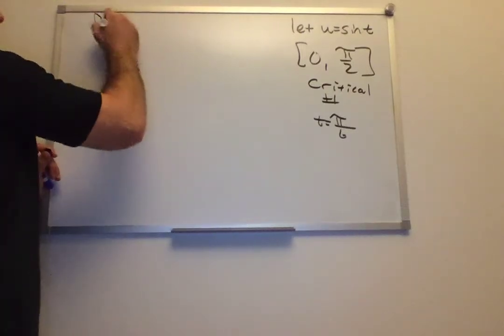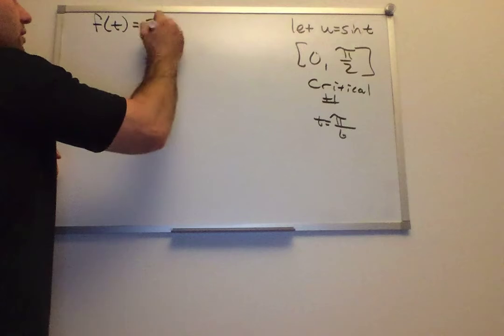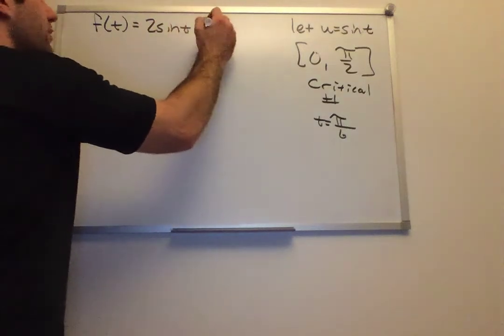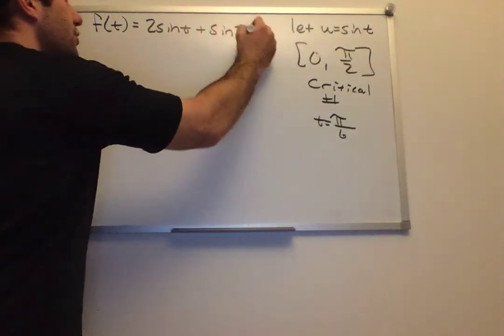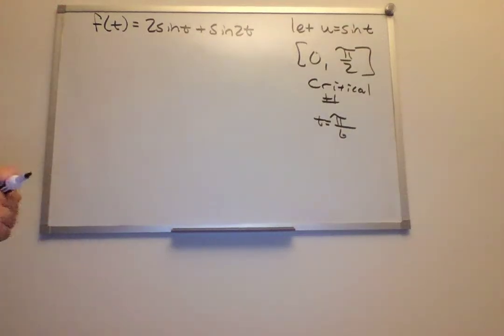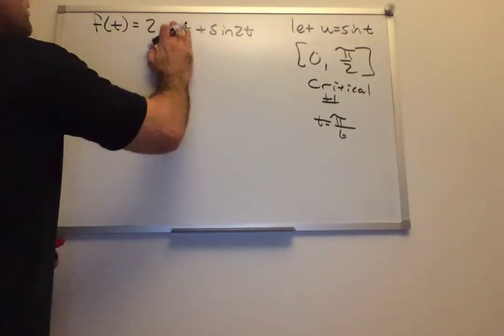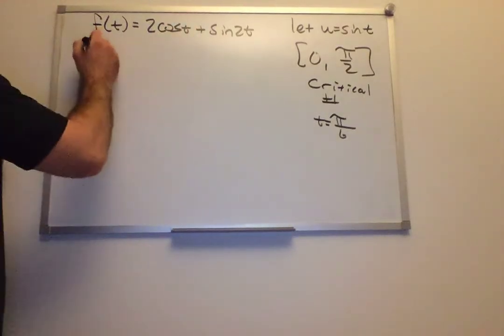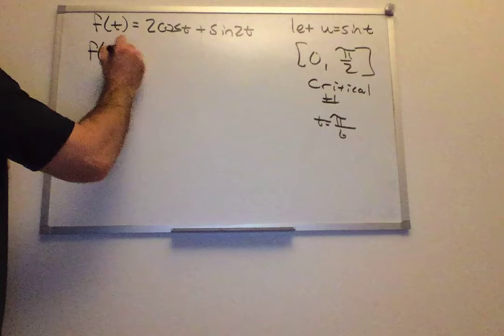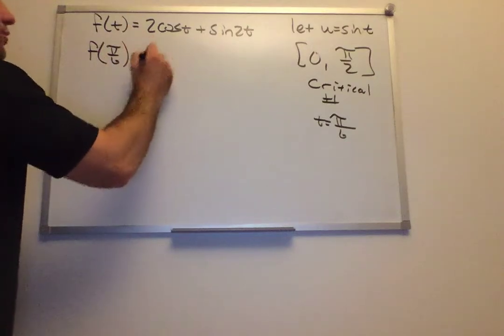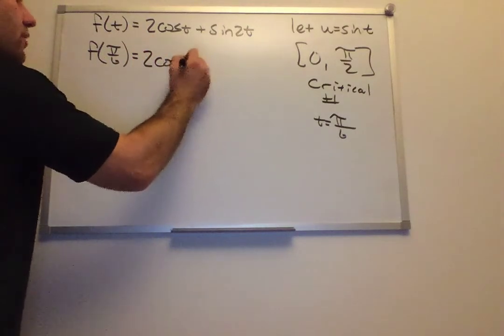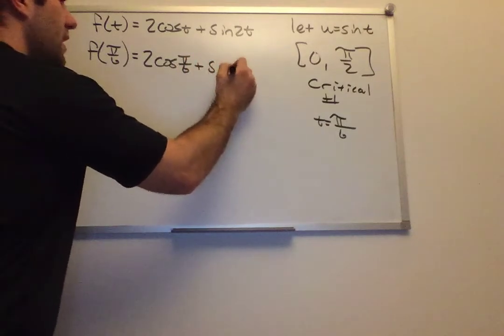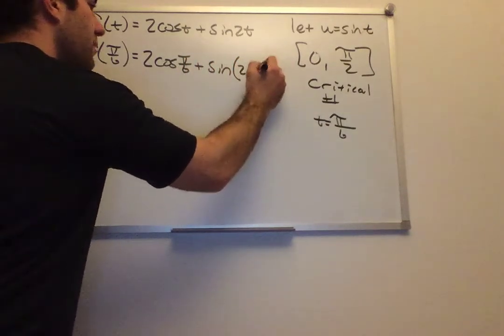We need to find, let's write our function again, 2 cosine t plus sine of 2t. Oh, actually, it's cosine right here. My apologies. We need to find the function value, f of pi over 6. That's equal to 2 times the cosine of pi over 6 plus sine of 2 times pi over 6.